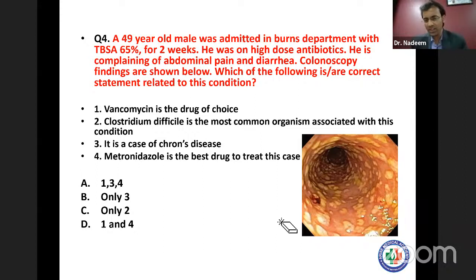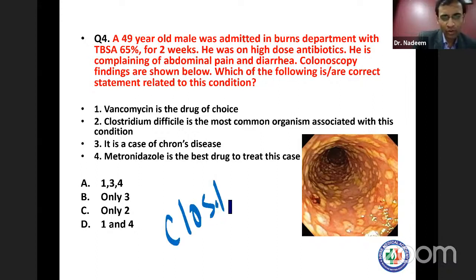Long-term use of antibiotics is going to kill the normal flora of our intestine. Okay, after that there will be overgrowth of Clostridium.